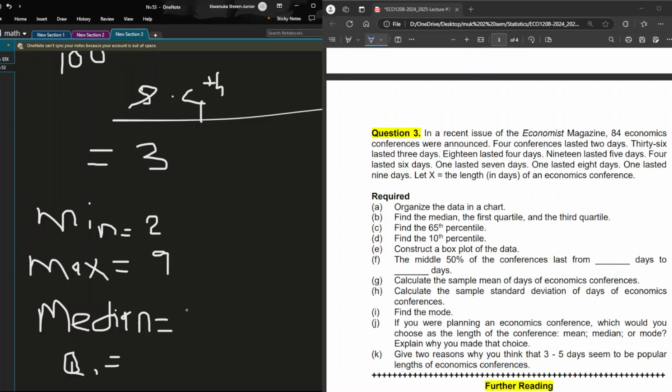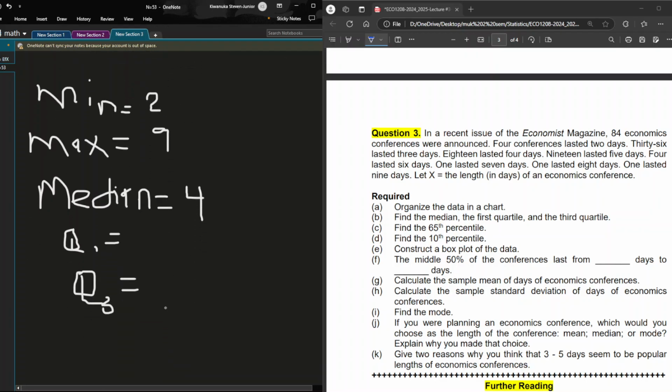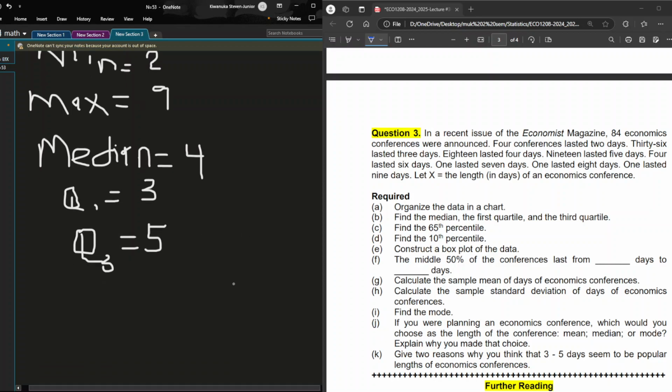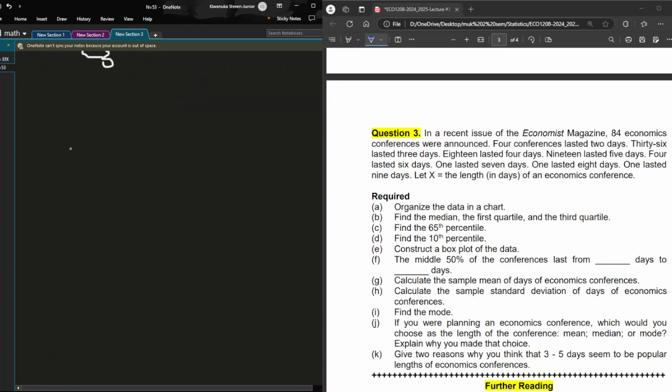Median we found out is 4. Q1 is 3. And Q3 is 5. With all this, we are in the vast potential of drawing a very precise and accurate box plot.